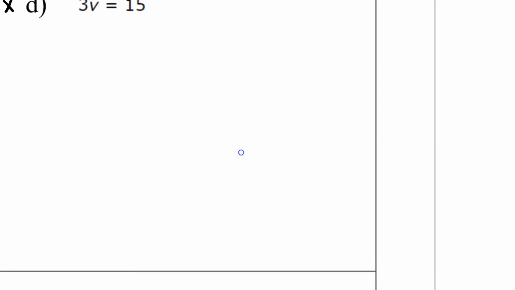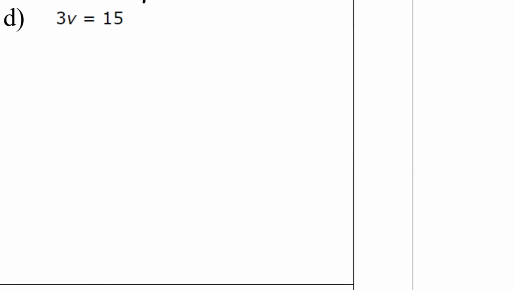Last but not least, let's work with this last one. So I know that 3 is multiplied by v. If we would put brackets around that, it would be a little bit more clear. But whenever you have a coefficient, it's multiplied by the variable. So the inverse of multiplication is division.